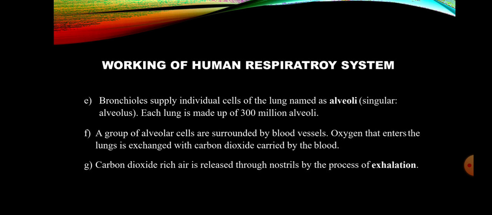Each lung is made up of approximately 300 million alveoli. A group of alveolar cells are surrounded by blood vessels. Oxygen that enters the lungs is exchanged with the carbon dioxide carried by the blood. Carbon dioxide rich air is released through our nostrils by the process of exhalation.